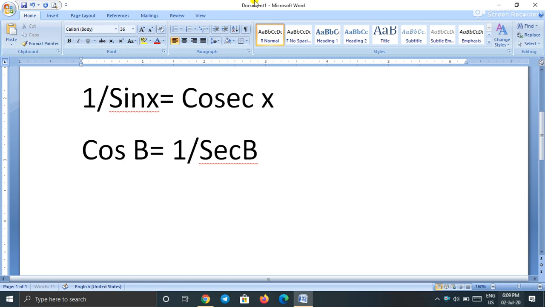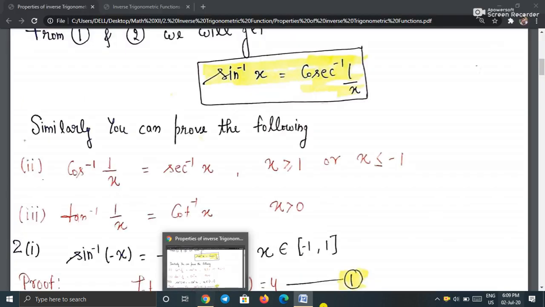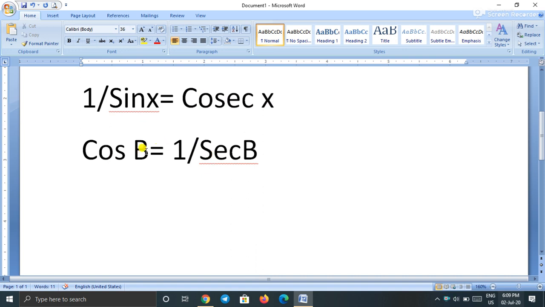Now if I write this formula in inverse trigonometric function, or I can rewrite it as this formula, 1 upon cos of b equal to sec of b, right?